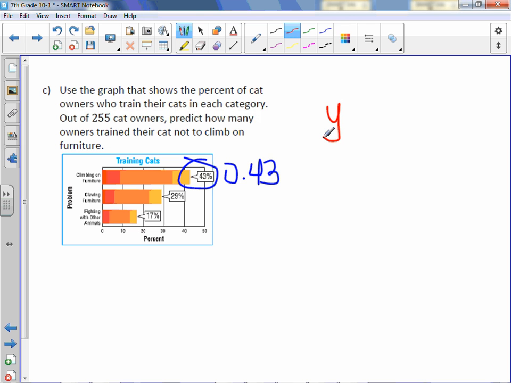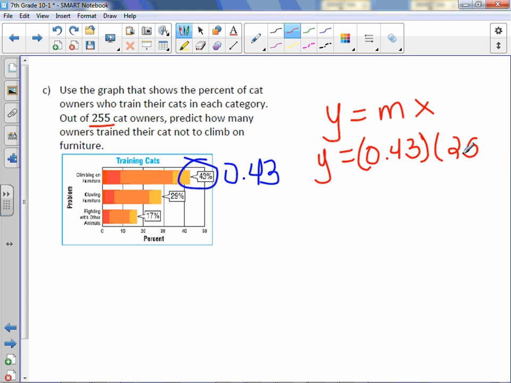Let's use our equation, y equals mx: plug in your percent, 0.43, and your total, which is 255. Multiply those together, and we get 110 even, and this is 110 owners.